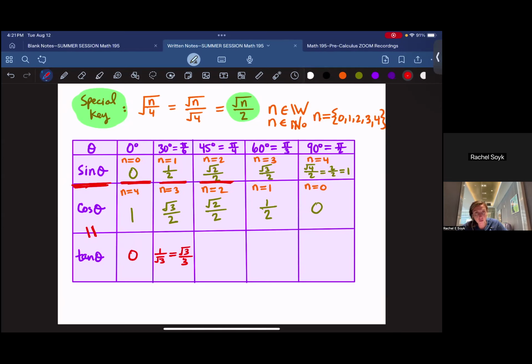The square root of 2 over 2 divided by the square root of 2 over 2, that's just 1. Same number divided by itself is always 1. Then we have square root of 3 over 2 divided by 1/2. 2's cancel out, and you just get square root of 3 over 1, also known as just square root of 3. And then last but not least, we have 1 divided by 0. 0 is the denominator, so we have an undefined value.